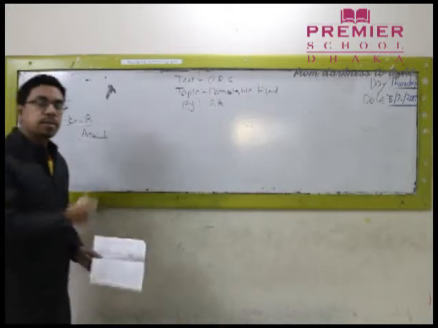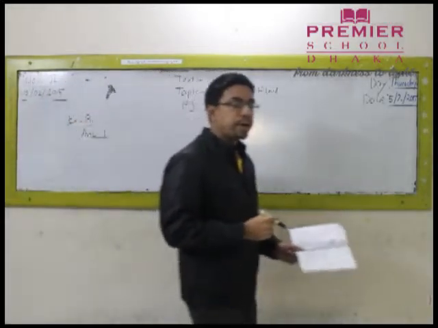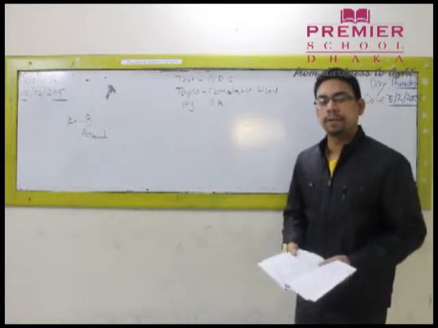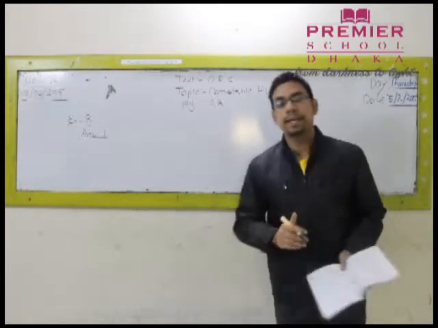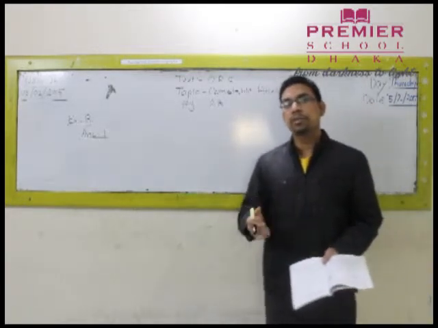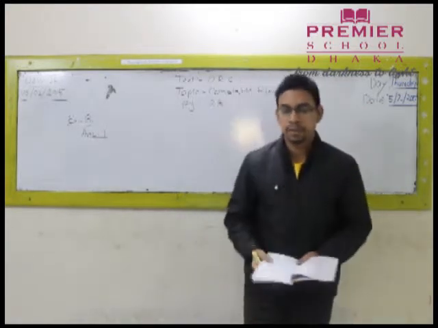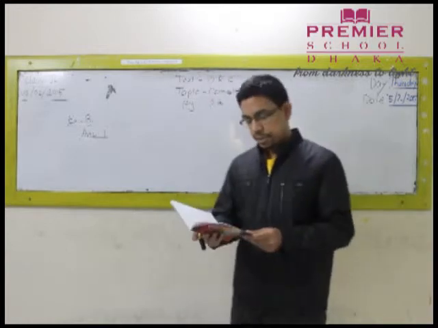For your convenience, I'm going to put down the answers on the board and say them out loud so it's easy for you to understand. Of course, you will find all these answers in your soft copy lesson plan. So let us start with the first one.